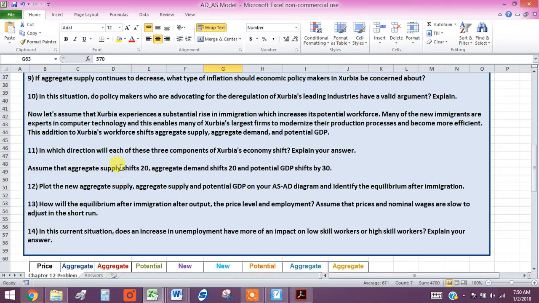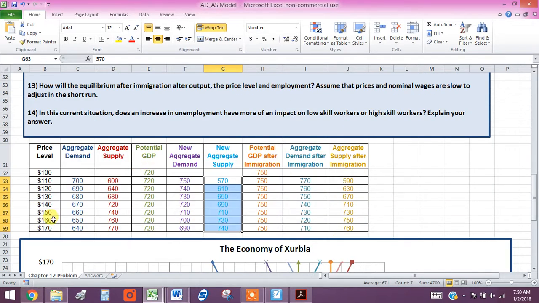So when we shift aggregate supply, that means at every price level we're going from here to here.